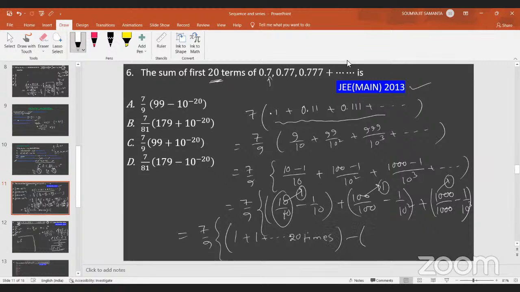Then minus, take out, so it will become 1 by 10 plus 1 by 10 square plus, it will continue till where? It will start from 10 power 1 till 10 power 20. Are these steps clear? All these steps are clear?